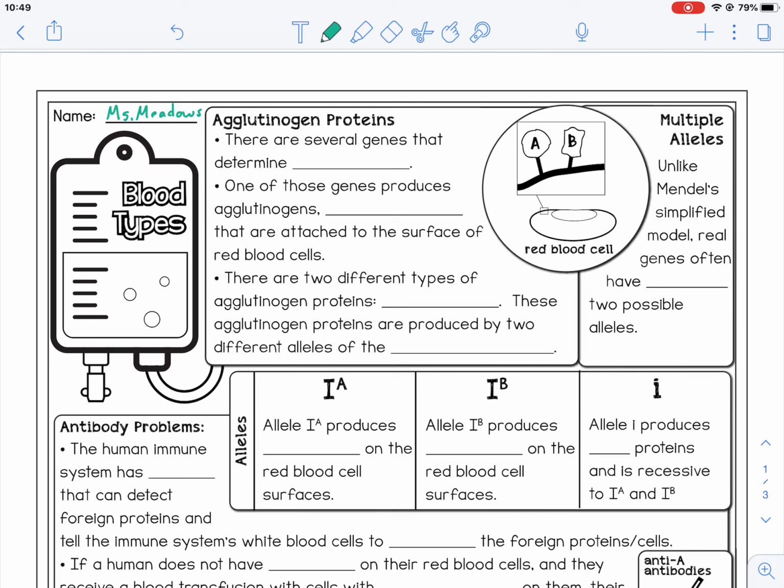Alright, so blood types. There's this fancy vocabulary term here called an agglutinogen. So you've got these agglutinogen proteins. There are several genes that determine blood type.